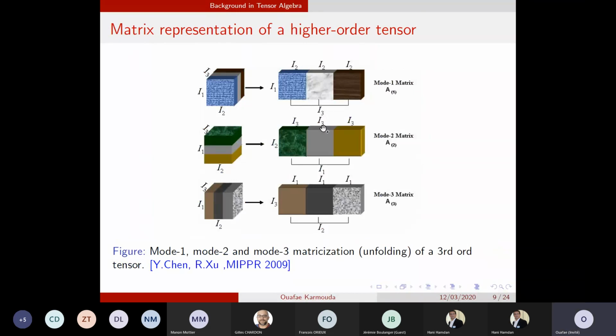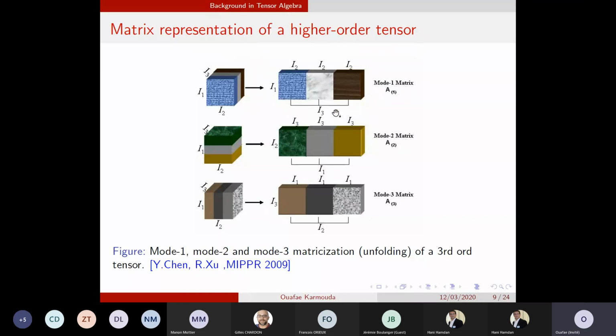Given a tensor, we can have a matrix representation of this tensor. For a tensor of order n, we can have n representations, which we are going to call the n-mode unfoldings of this tensor. For example, for a third-order tensor, we can have three unfoldings.